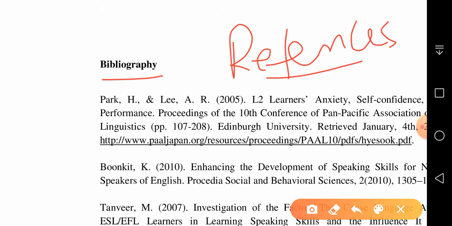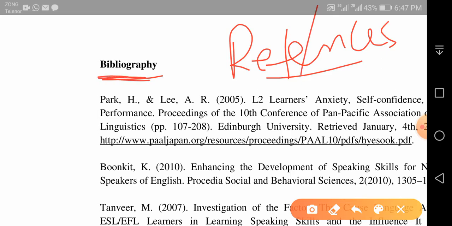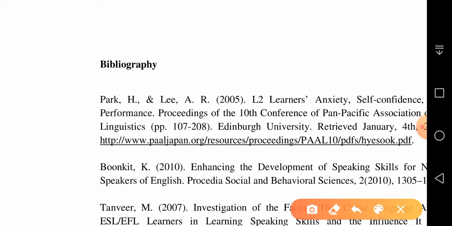But a bibliography includes those books or sources, primary or secondary, which you have consulted, seen, or gone through for your research, or even those you didn't consult but you know the names of the books, or you recommend those books or research articles to your readers.